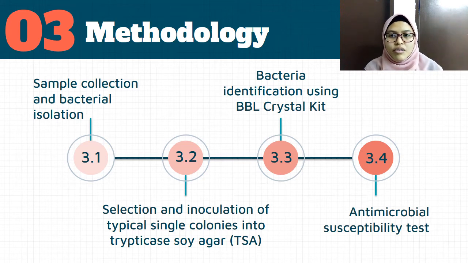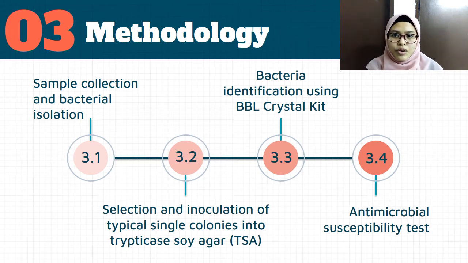A single green colony will be collected randomly from each sample on TCBS agar and transferred to TSA medium and incubated. 3.3 The bacteria will be further identified using BBL Crystal kit.